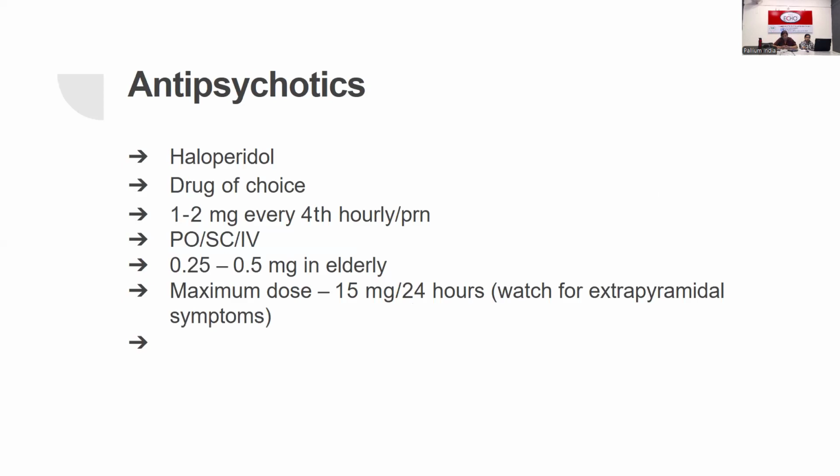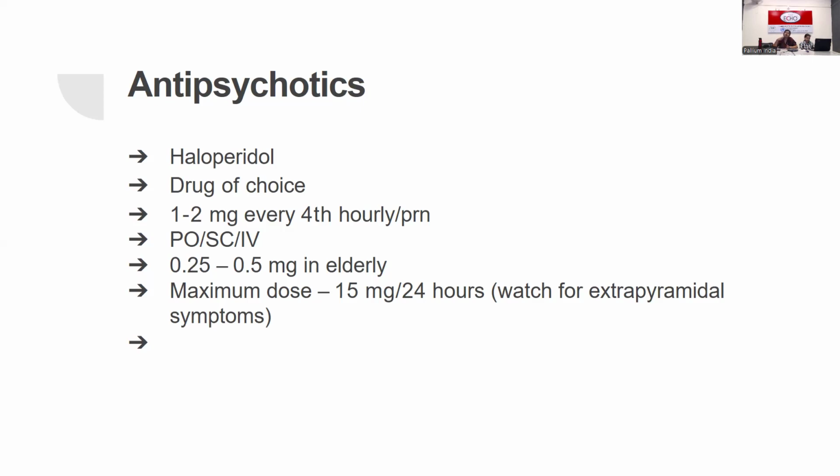So, the antipsychotics. For patients with delirium, the drug of choice is an antipsychotic like haloperidol. How much do we give? We can give the usual doses, 1.5 milligrams or 1 to 2 milligrams, every fourth hourly. It's not very common. What we usually do is give 1.5 milligrams at night, nearly at 7 p.m. You can start it as an HS dose.